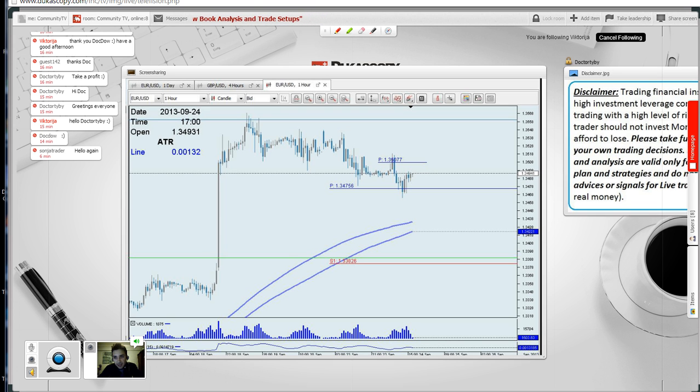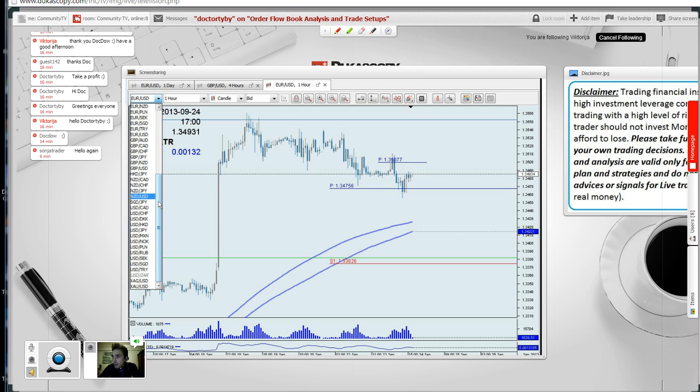So what I expect, I think you were asking yesterday what I expect from the stability report. I think it will be bearish for the Australian dollar, but let's wait and see. For the moment, we have some conflicting signals, especially on the Great Britain pound.